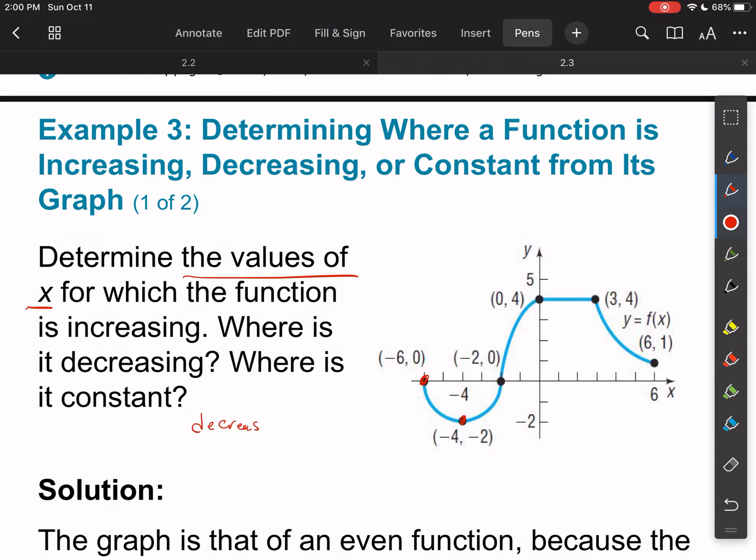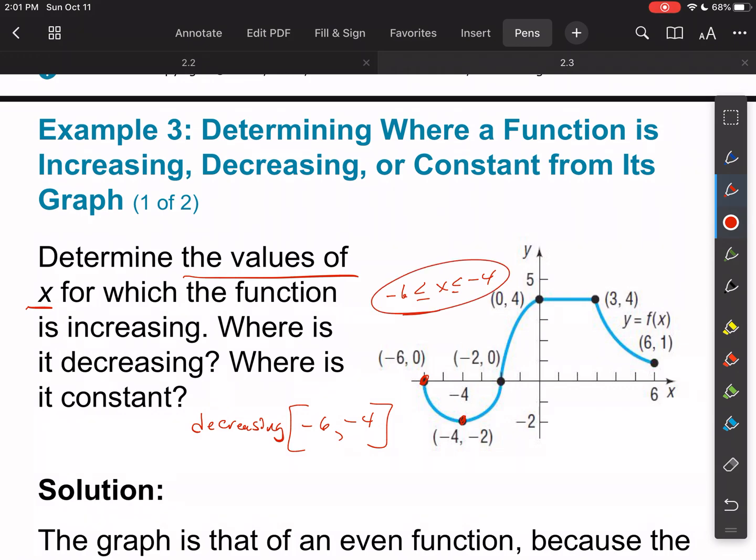If you want to use your interval notation, it's decreasing from the x value of -6 to -4, right? So that's your interval notation. The other way that you could have said that was the x value is between -6 and -4. This is where it is decreasing.